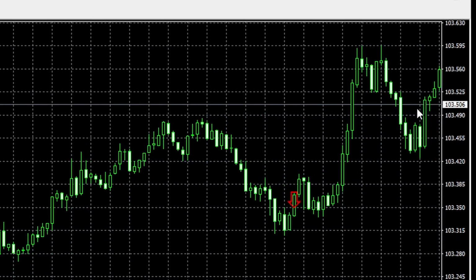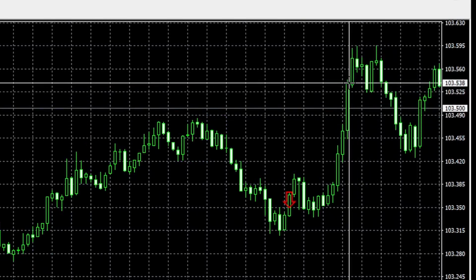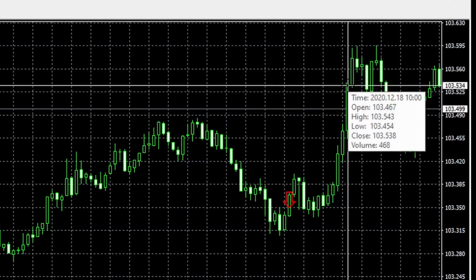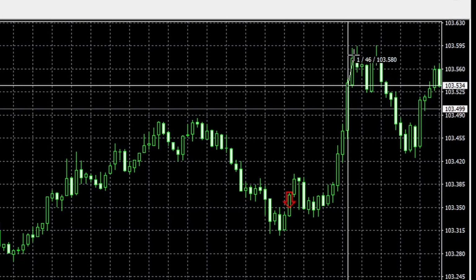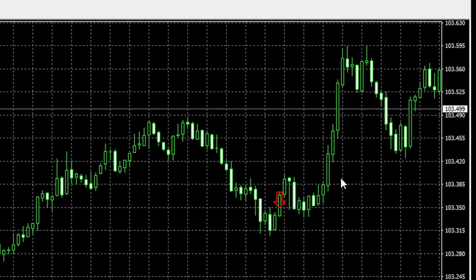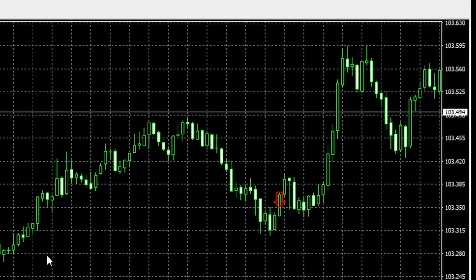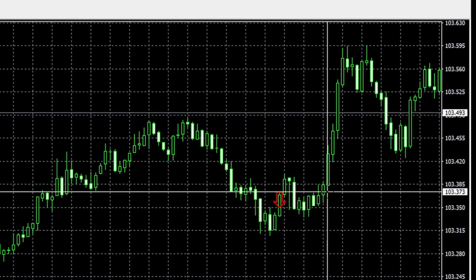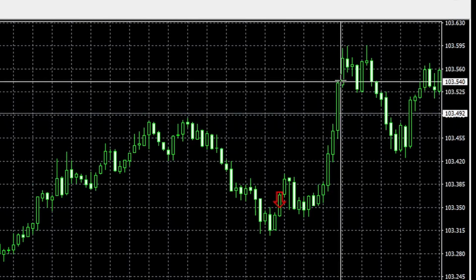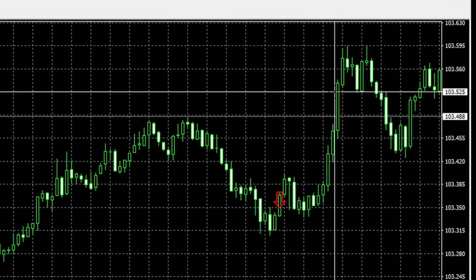Which is true, because if I had entered a long trade here, that means a buy trade here, it would have been stopped out. Something tells me that particular trading day's trending moves weren't very strong, and this move felt very suspicious to me. I didn't feel like it could last.